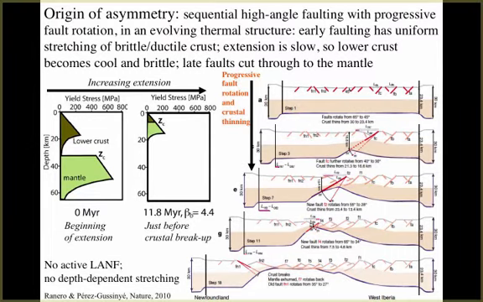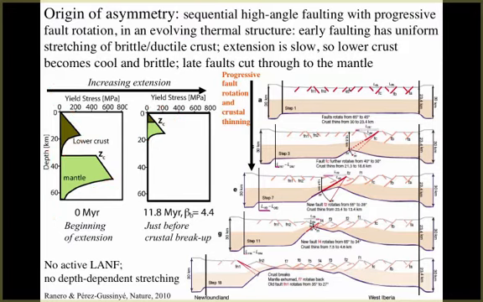And so the strength profile of the lithosphere changes from a strong upper crust, a weak lower crust, and a strong upper mantle to a strong crust and upper mantle together.